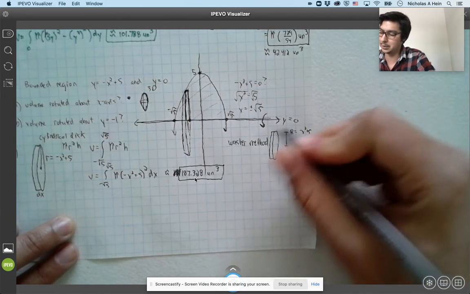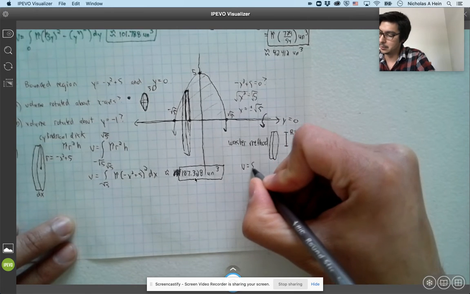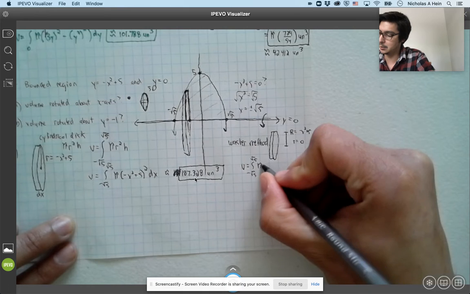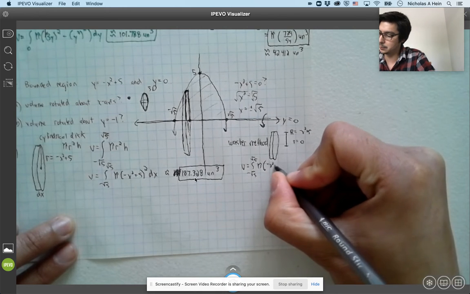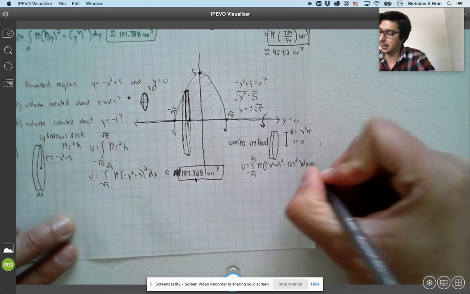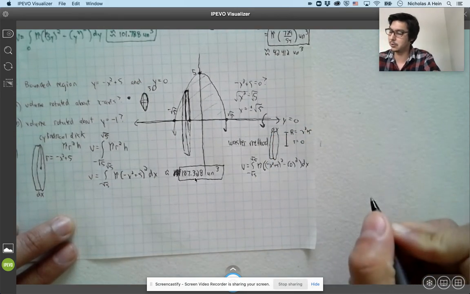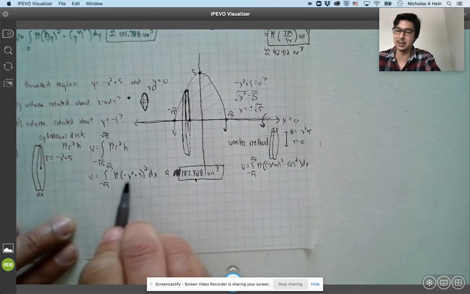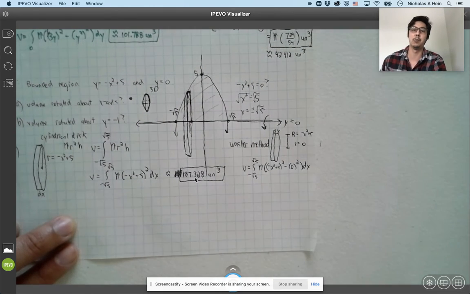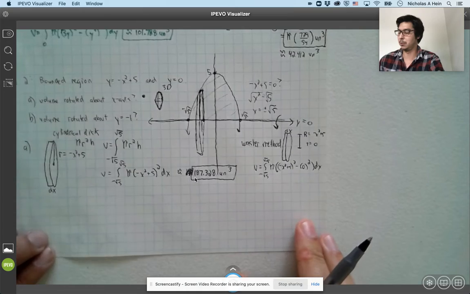So what ends up happening is if you use the washer method, you get negative root 5 to root 5 of pi, your outer radius squared, minus your inner radius squared, and then dx is still the height of each disk. And notice that this is the same as this. So that's the idea, is that really a disk is a specialized version of washers, cylindrical washers.